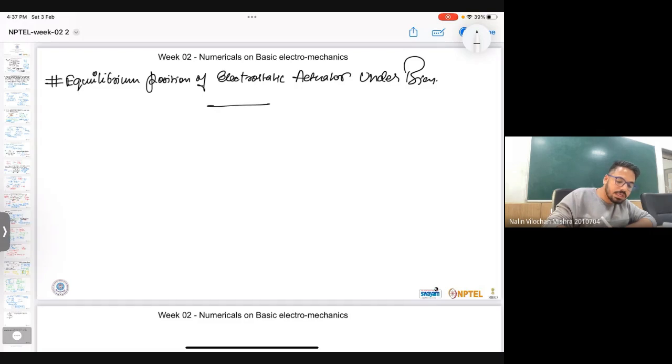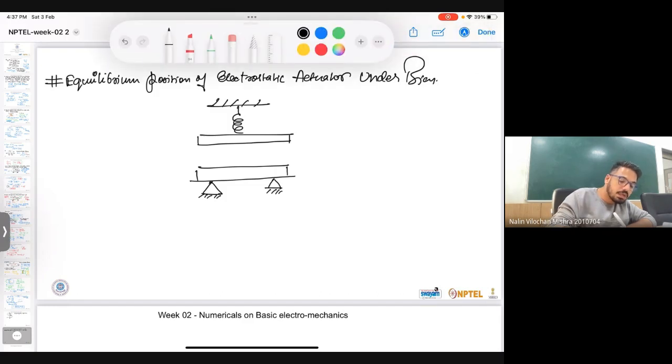Here, generally what happens, the top plate is connected with some spring and the other plate is basically fixed. So this plate is movable, but this plate is fixed.